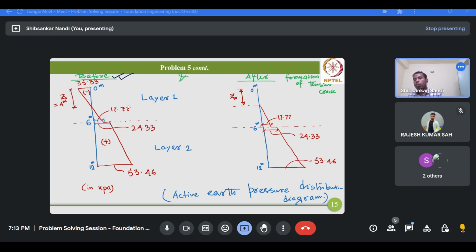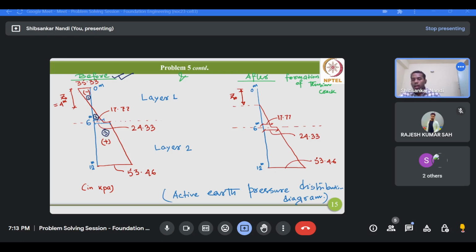That means we have to take the area of the individual components. We are splitting the entire distribution into simple regular geometries, meaning trapezoid, triangle, rectangle, and so on. So this is one triangle, this is triangle 2, and this is trapezoid 3.